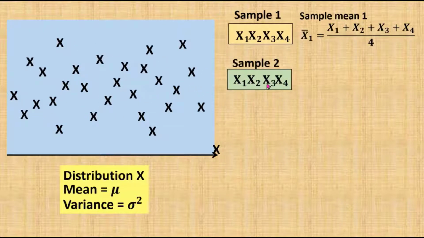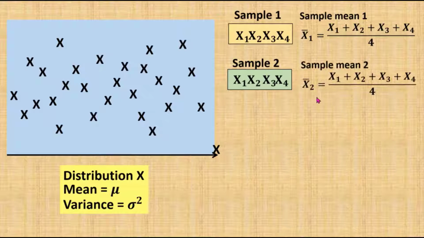These 4 observations now form another sample called sample 2. When I calculate the mean of this sample, I name it sample mean 2 and denote it as x-bar 2.